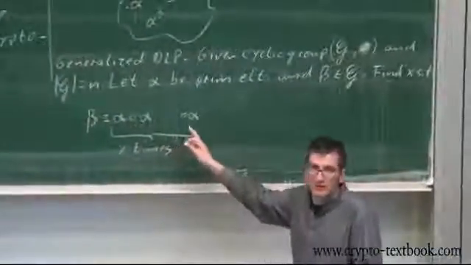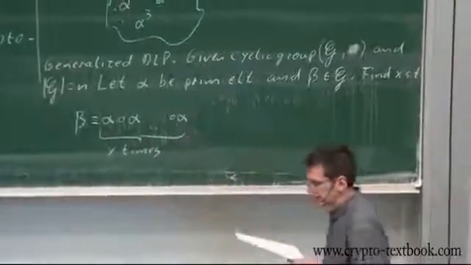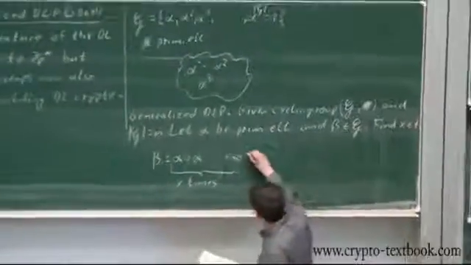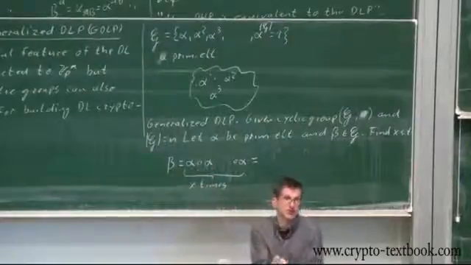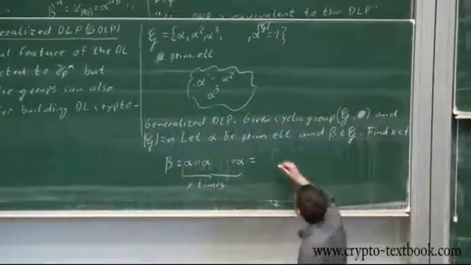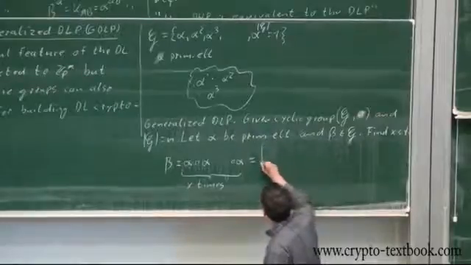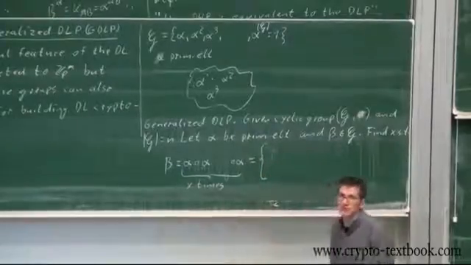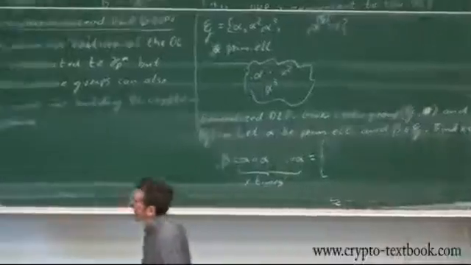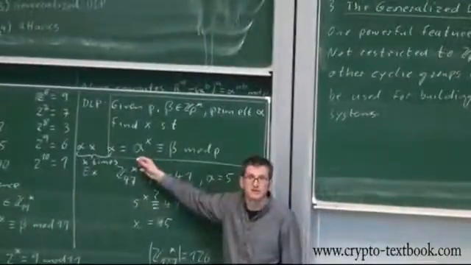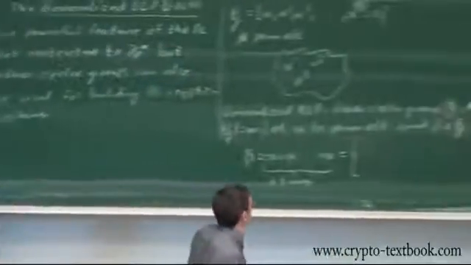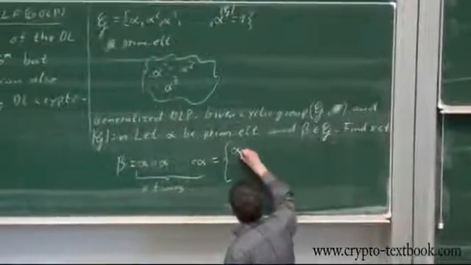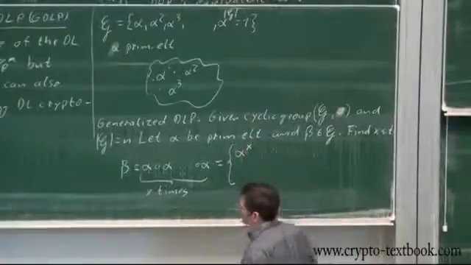Just right now, I don't want to say whether it's multiplicative or additive. And why do I keep talking about donuts? You will see, because the notation changes quite dramatically. Namely, if the group operation is multiplication, which is exactly what's happening here, alpha times alpha modulo p, then we say this is alpha to the x.